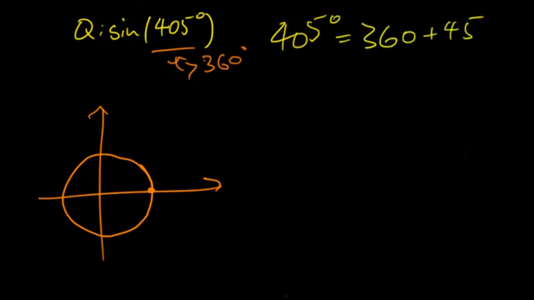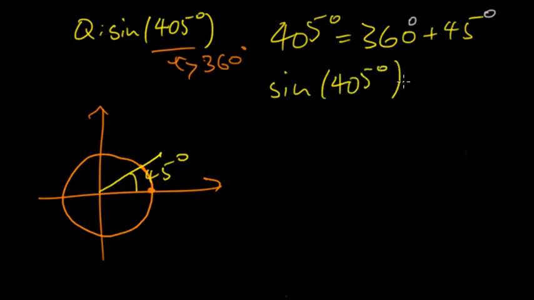So that means that 360 plus 45, we're going to end up in the first quadrant. So this angle here is going to be 45 degrees, as we've gone all the way around for 360 and then we've added 45. So we can say that sine 405 degrees is just equal to sine 45 degrees.